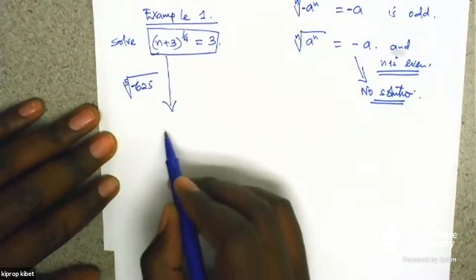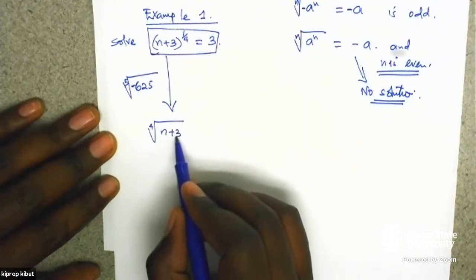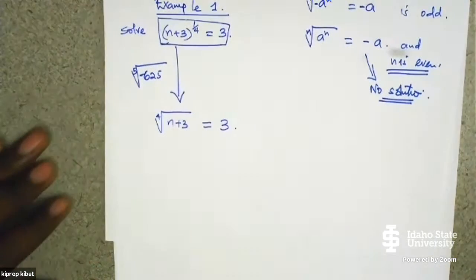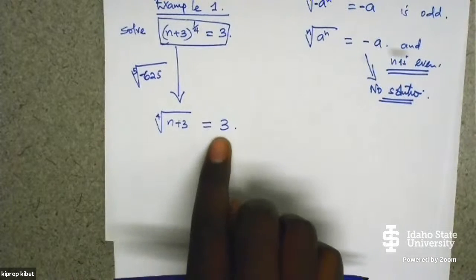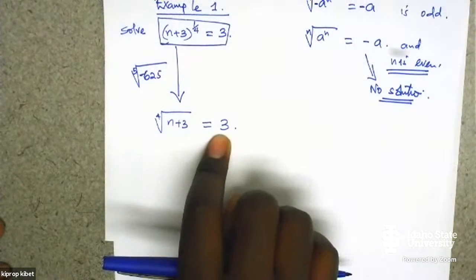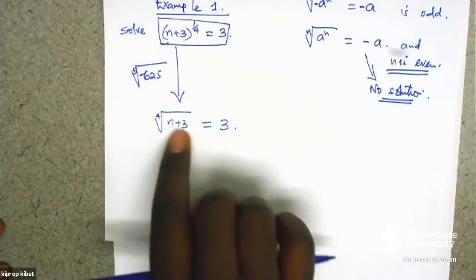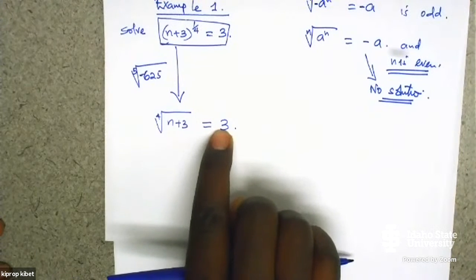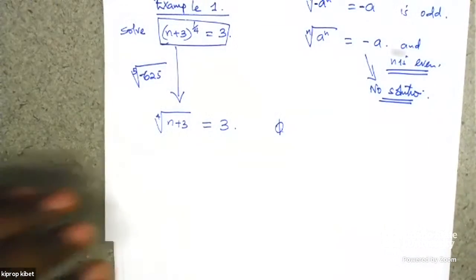Now, this is actually similar to the fourth root of n plus 3 equals 3. Since this is positive, there is a solution here. But if this is even and there is a negative here, there will be no solution.